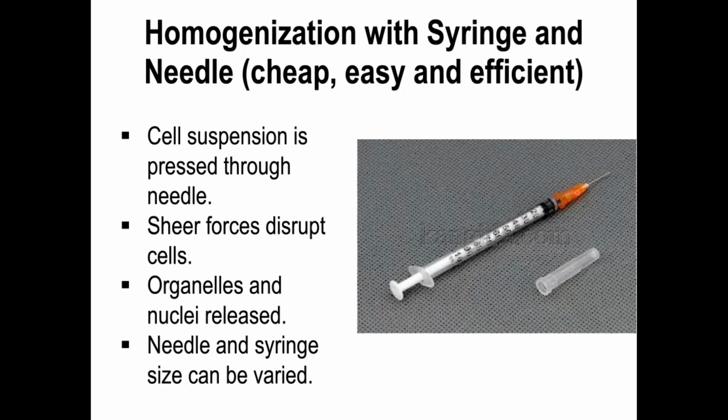Now, with such a needle, you can aspirate the suspension where your cells are suspended, and then you can press that through the needle several times into a vessel. And every time you press it through and suck it in again, you apply shear forces to the cells when they are pressed through the needle, and by that the cells can be disrupted. And the organelles and the nuclei can be released, and the sizes you can vary.